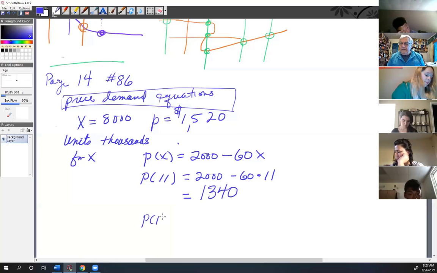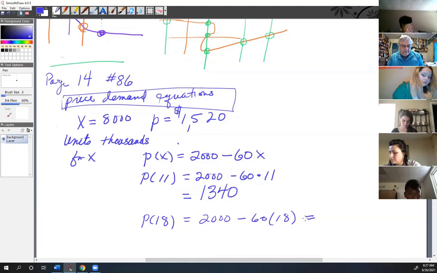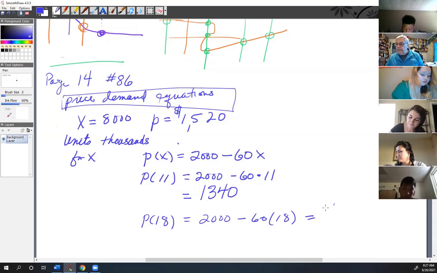And P of 18, well, it'd be 2000 minus 60 times 18, which is 920, which you may remember from looking at the graph.